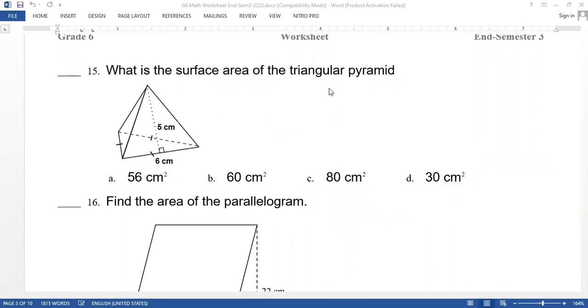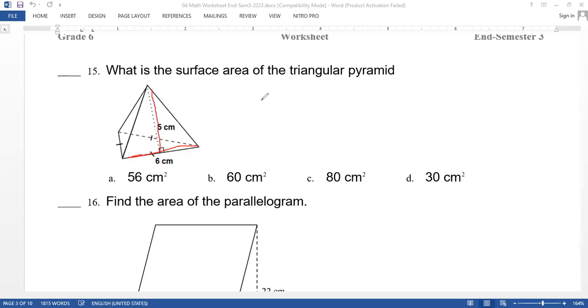What is the surface area of the triangular pyramid? As I told you, in the triangular pyramid you are dealing with 4 congruent triangles, 4 equal triangles. I find the area of one triangle, then multiply by 4. This triangle has base 6 and height 5.